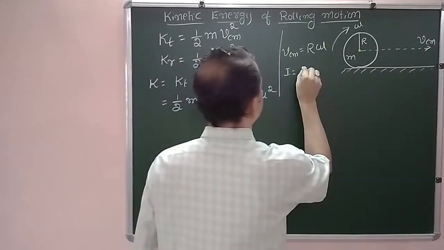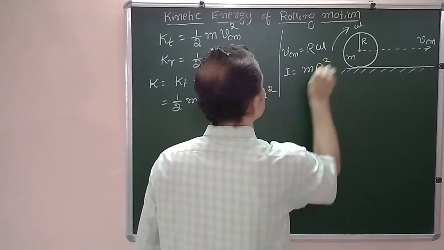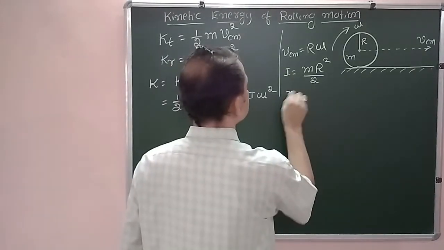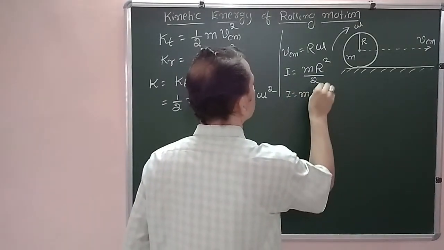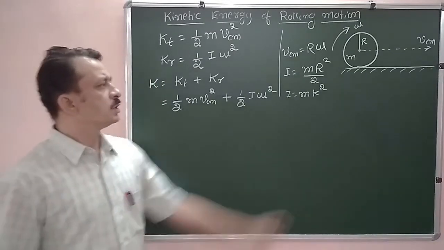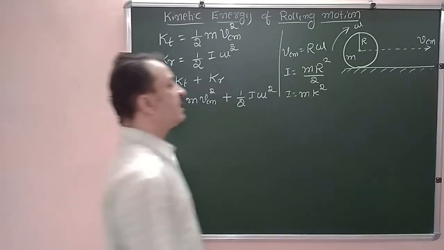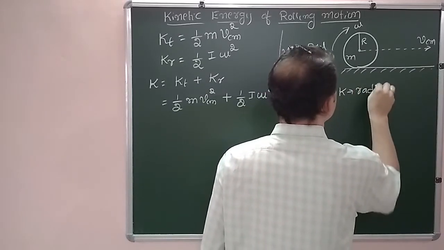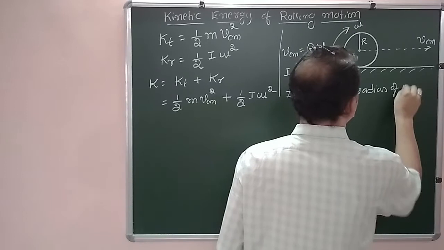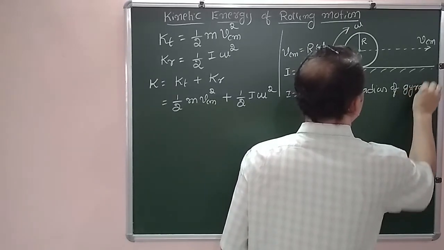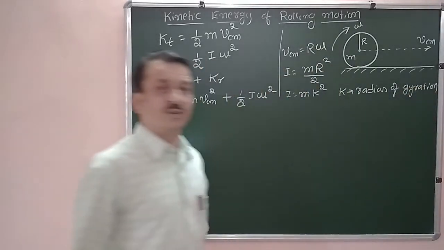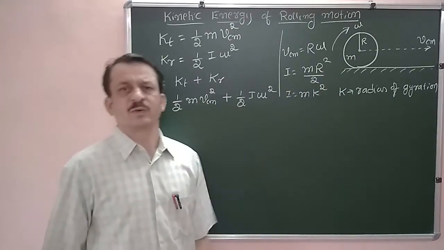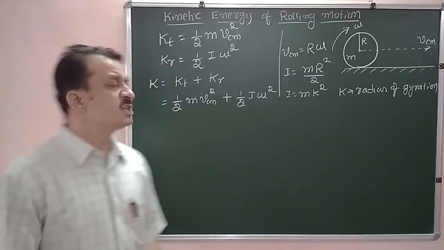Now I is given by mass into r square divided by 2, or simply we can write it as I is equal to m k square. Now what is k here? It is the radius of gyration, that we have studied. Instead of writing r, we are writing m k square, where k is the radius of gyration.